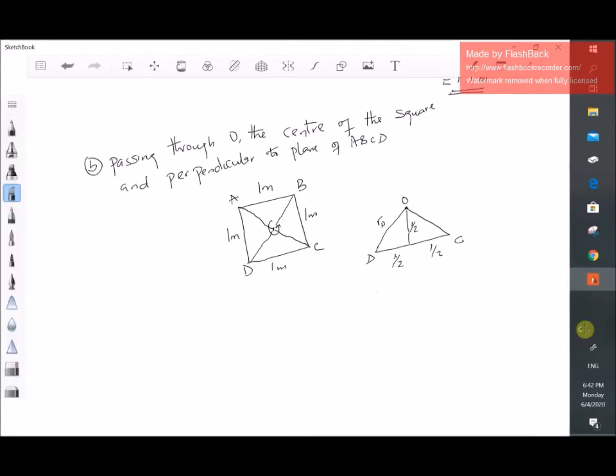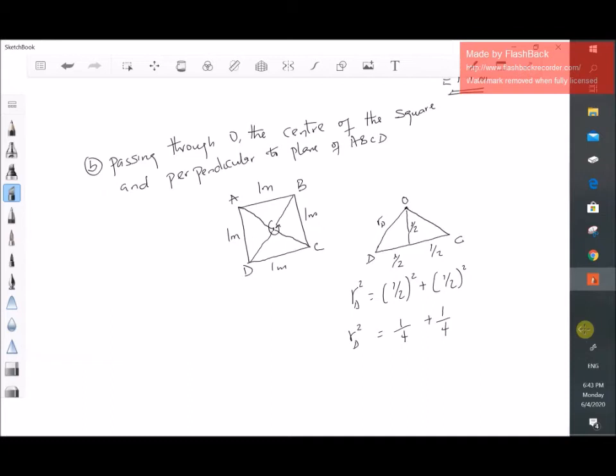That becomes hypotenuse squared, which is RD squared, equal to half squared plus adjacent squared, half squared. So we now have 1 over 4 plus 1 over 4 equals RD squared.